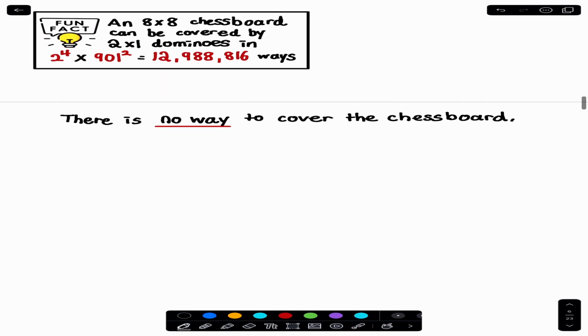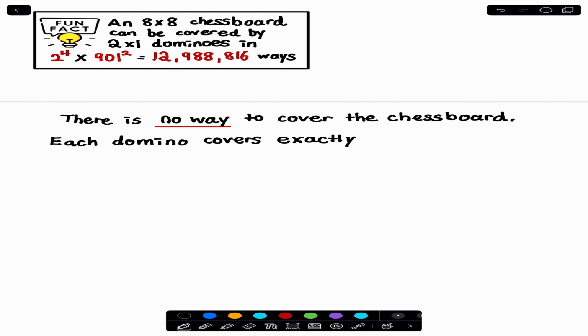The important fact, and hopefully I made it very clear by showing many examples, but basically, each domino covers exactly, let's write that, I like that word, exactly one black and one white square.